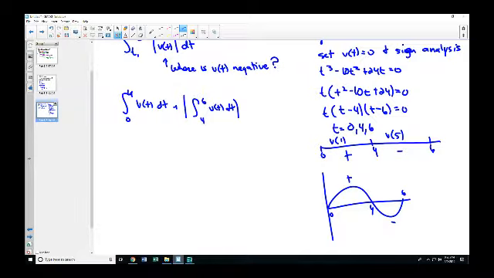Here's the other option. This is what I use. This pumps out a negative. Negative times a negative is a positive. So either of these work.